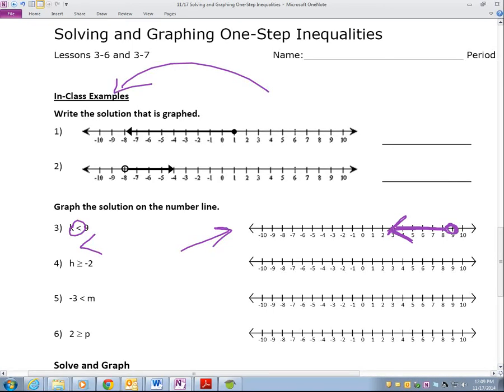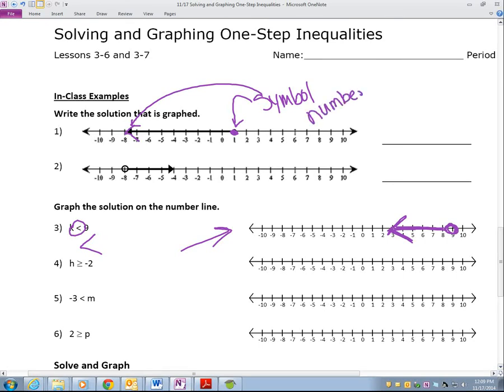Please do number 1 and 2, and I'm going to give you 30 seconds to do it. That was 41 seconds. Okay. Wow, that was really fast.